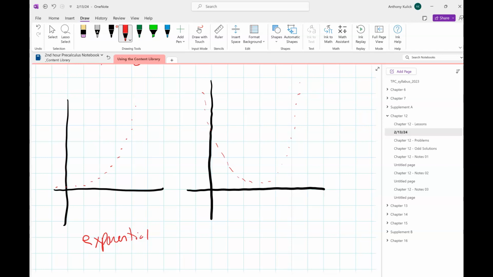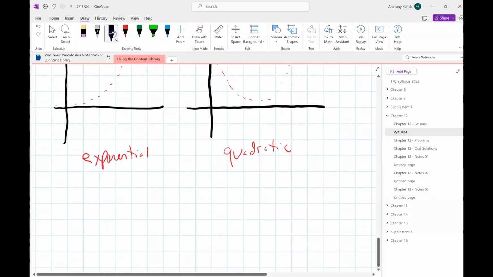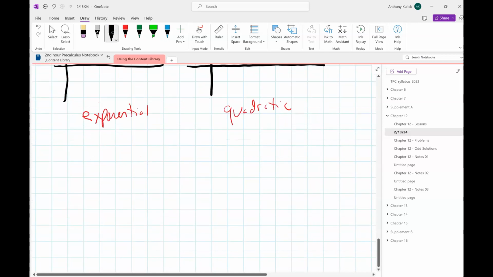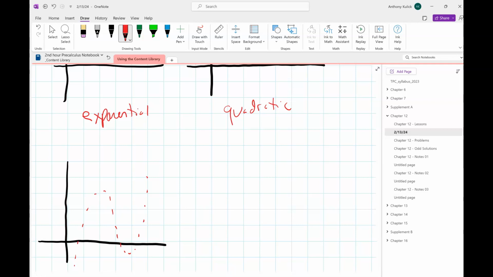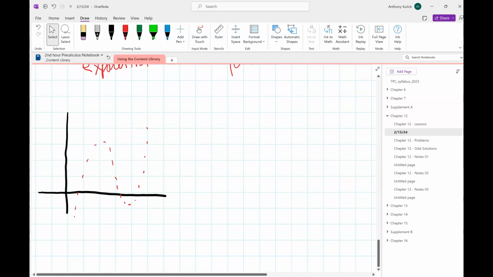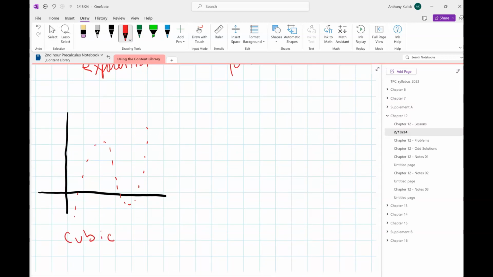Close. What type of function makes a parabola? Starts with a Q. Yeah. What if it looked like that? That's a degree 3 polynomial.